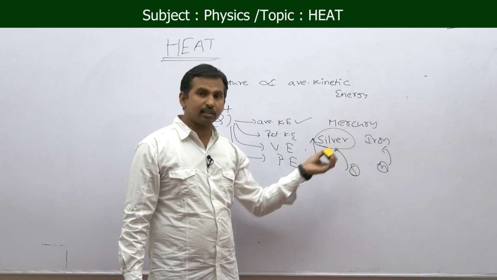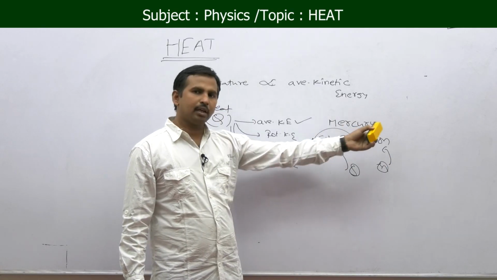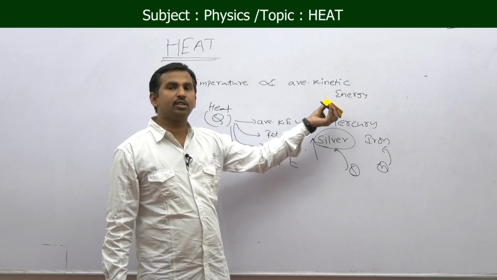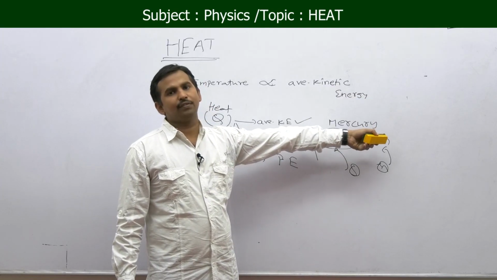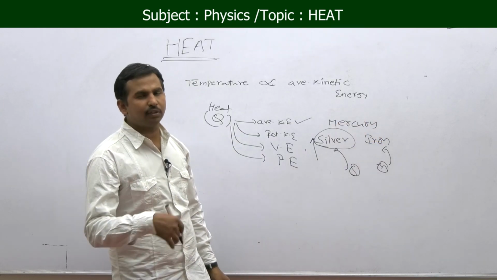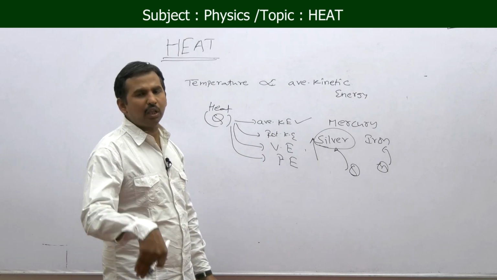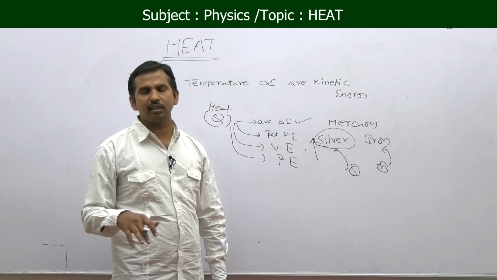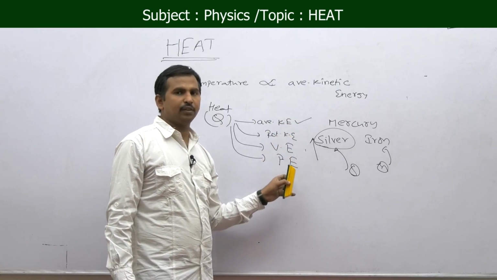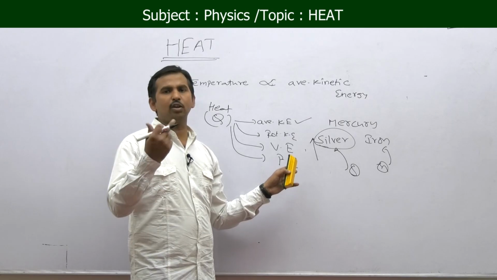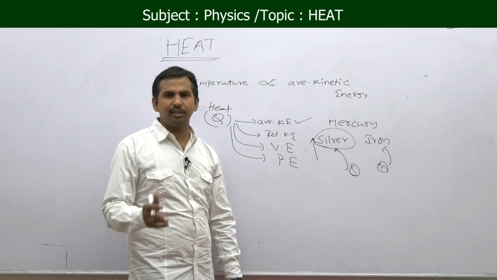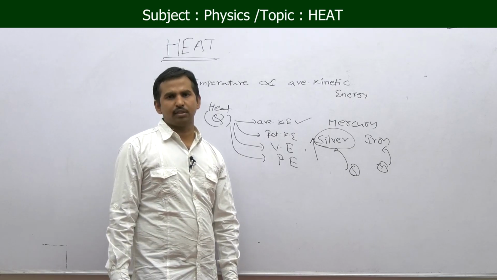So silver raises its temperature quickly when compared to iron and some other materials. Whatever the heat energy we are supplying, all bodies are not utilizing it for the same reason. They may be utilizing it for a different purpose also. Depending on the nature of utilization of energy, the rise in temperature is different for different substances.